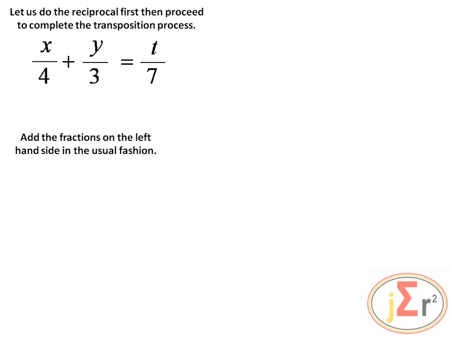And we know how to add those fractions that we consider to be fractions with exclusive denominators, that is, denominators that do not have common factors. The product of the denominators will be the common denominator, and then we have 3x plus 4y, and that is equal to the same thing that we have here, t over 7.